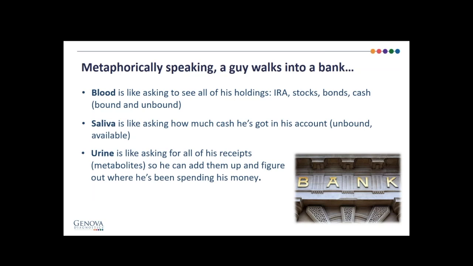Urine is like asking for all of his receipts, the metabolites, so he can add them up and figure out where he's been spending his money. And that's why with urine, always think about the metabolites because they allow for greater understanding of estrogen detoxification. So when detoxification, when risk is my primary concern, I'm going to want to get a look at those urine metabolites.